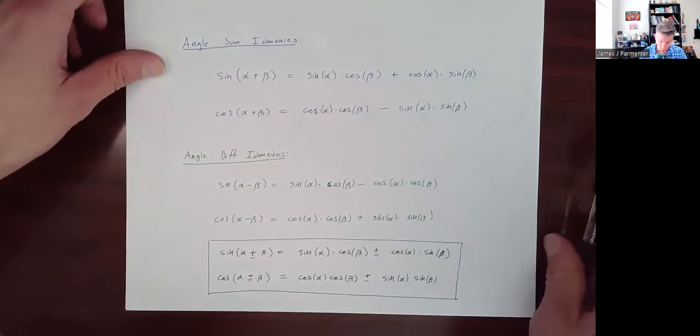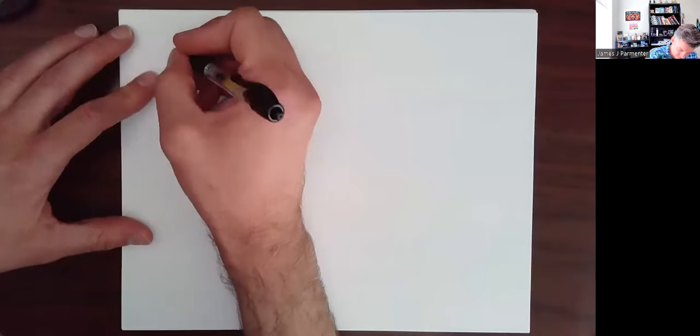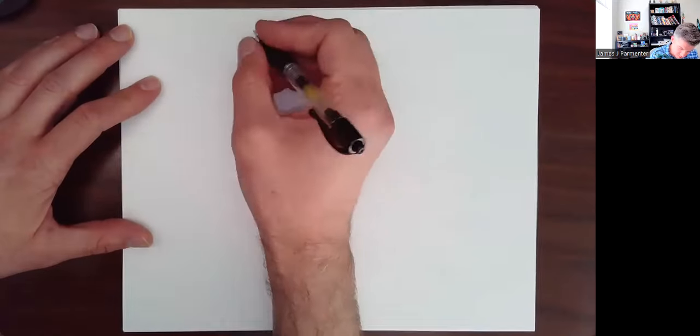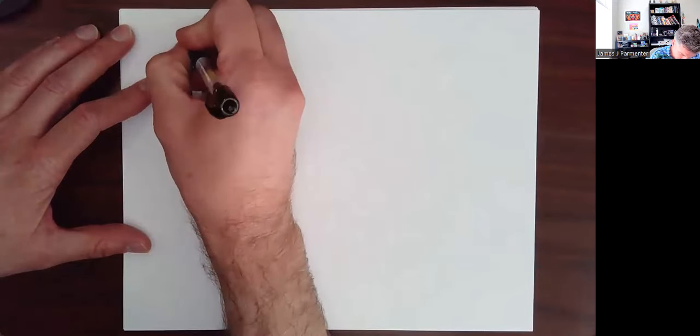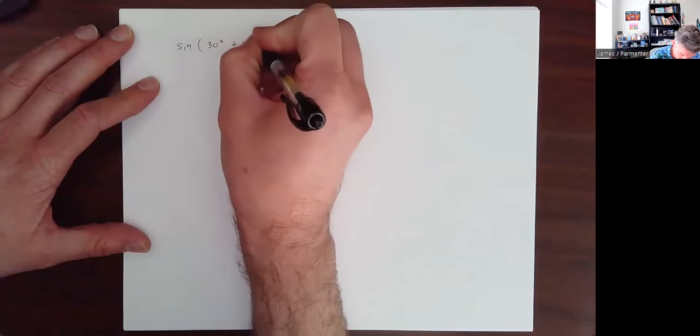Cool. So let's look at a couple of examples of angles we already know. Let's say we want to do sine of 30 degrees plus 120 degrees.